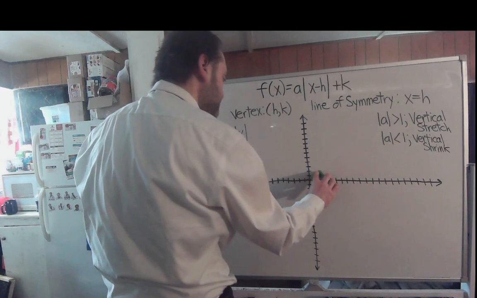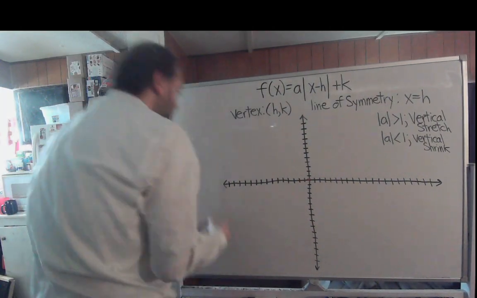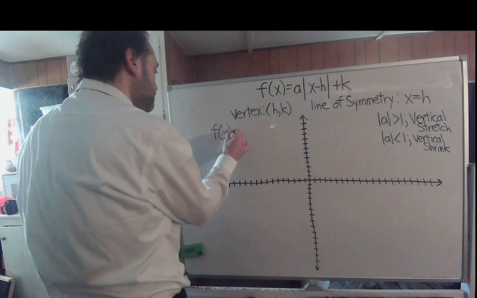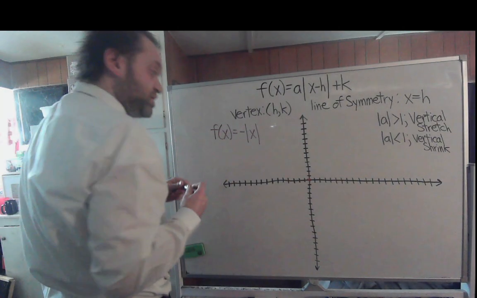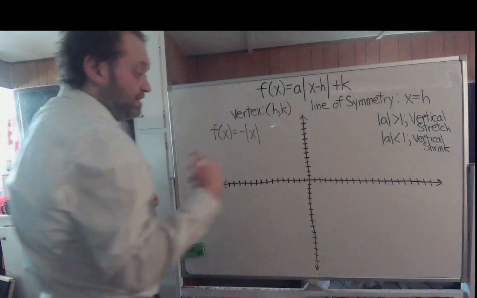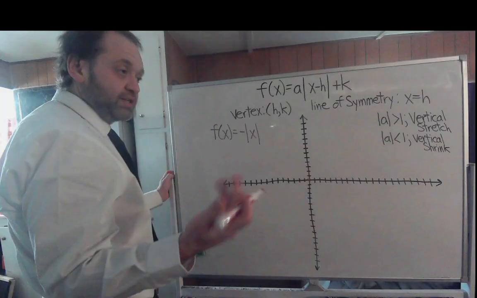I will quickly do that here. Let's put in, for this function, f of x equals negative of the absolute value of x. It's going to be a reflection in the x-axis. So if I put in x at 0, well, the negative of 0 is still 0.